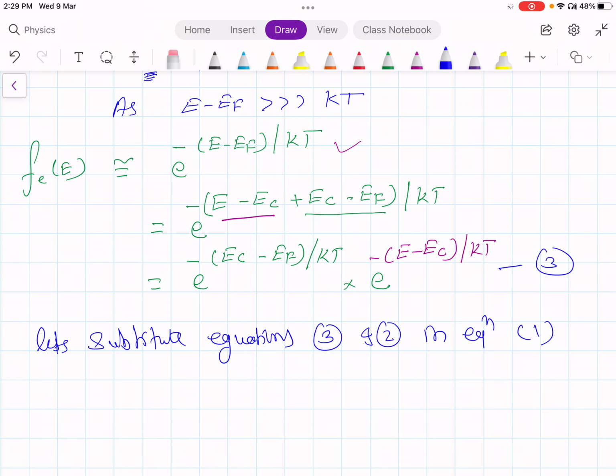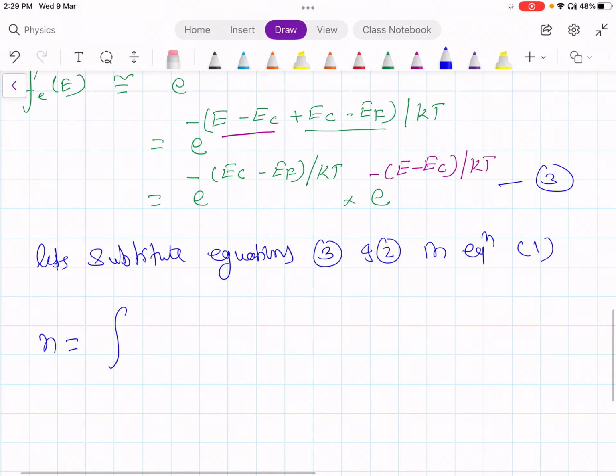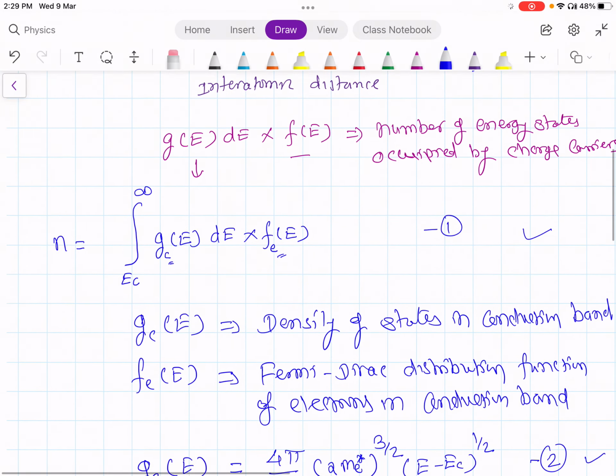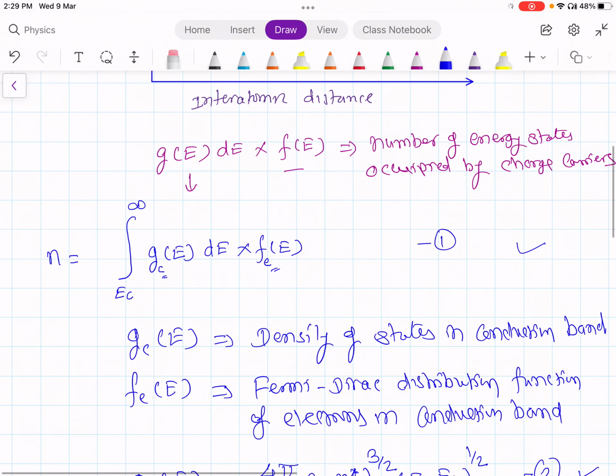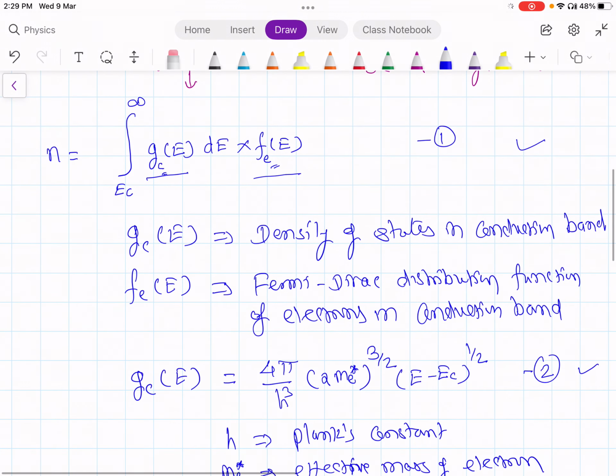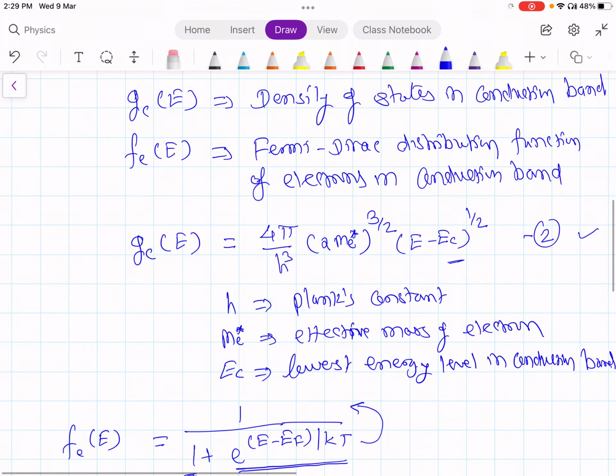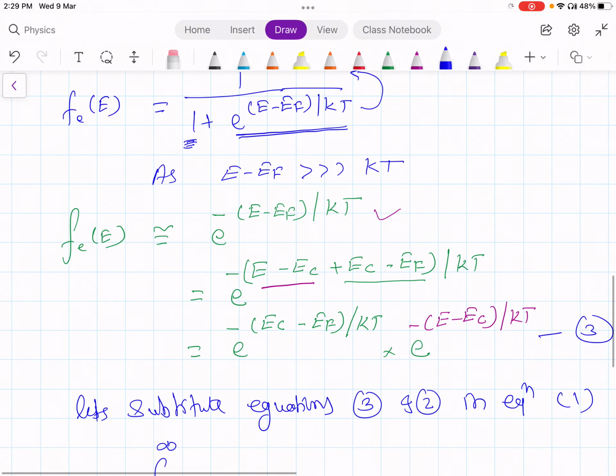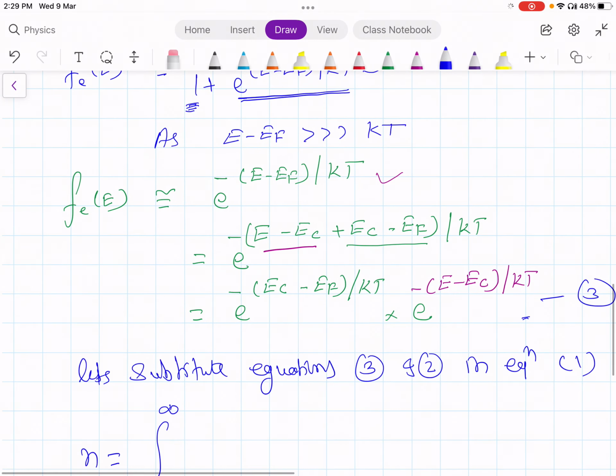Equation 1 is nothing but the number of electrons n, which is equal to the integration from EC to infinity of GC of E and then Fe of E. GC of E is given by this and Fe of E is given by equation 3.